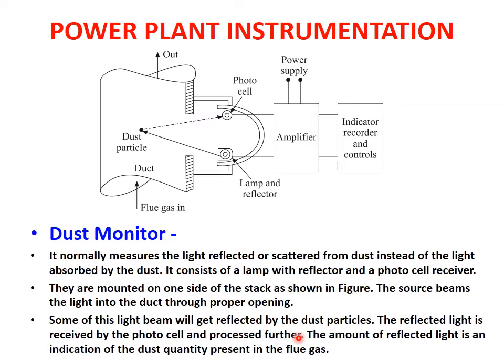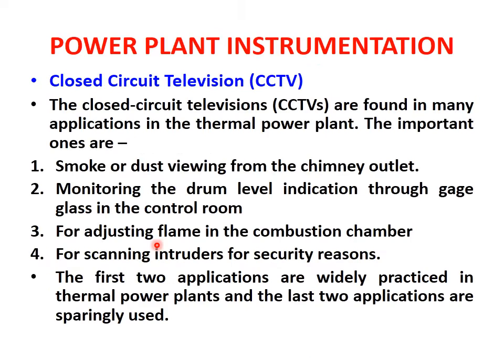Some of this light beam will get reflected by the dust particles. The reflected light is received by the photocell and processed further. The amount of reflected light is an indication of the dust quantity present in the flue gas. So this is the working of the dust monitor.